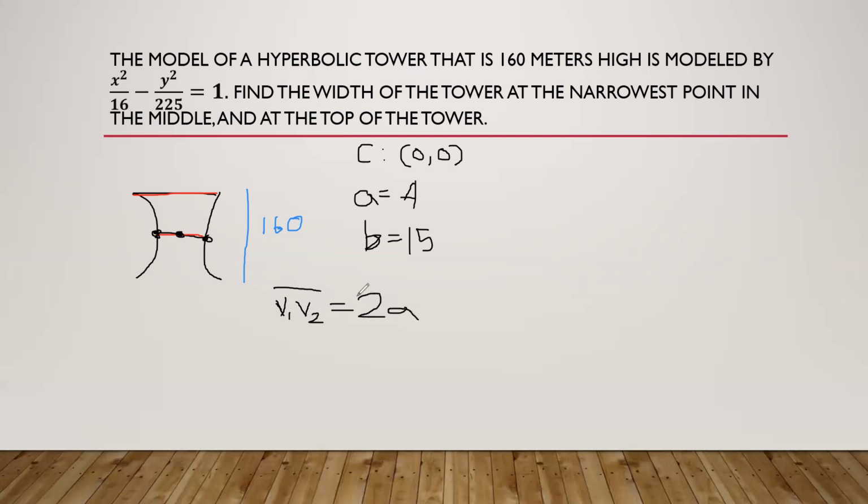Since we already know that a is 4, we simply put in the values. So that's 2 times 4, which equals 8. So the width at the narrowest point in the middle measures 8 meters.